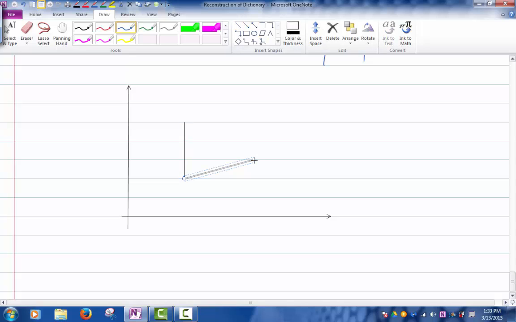I'm just arbitrarily making something. So let's say these are the vertices that I have, and whatever your feasible region is defined by this region.